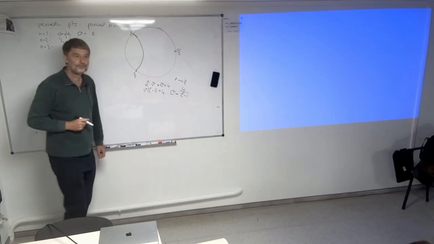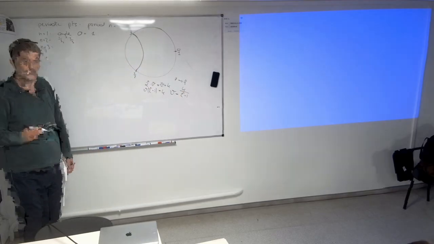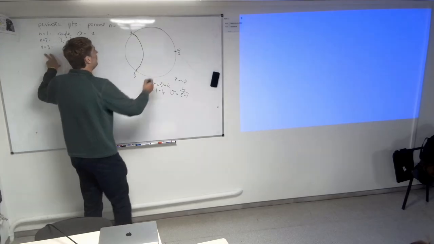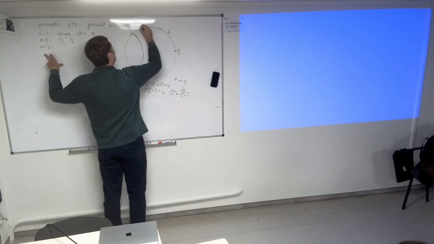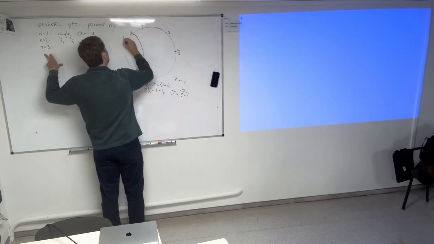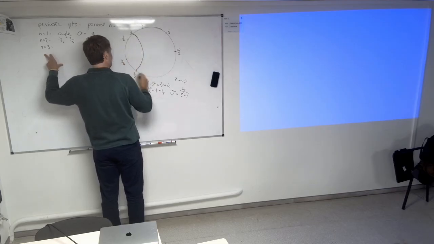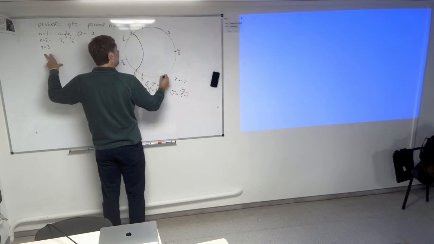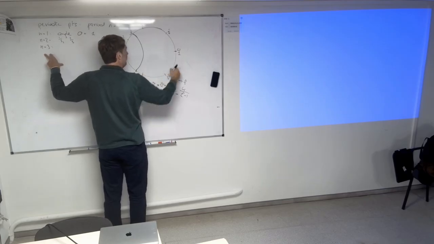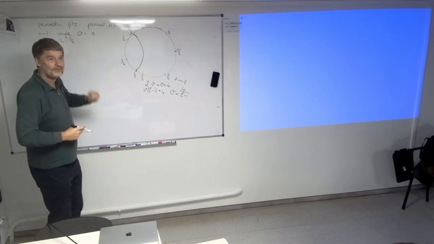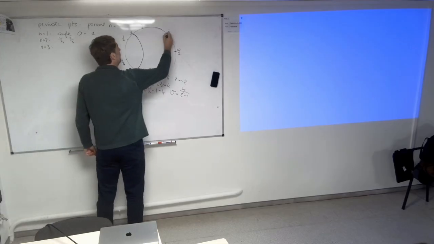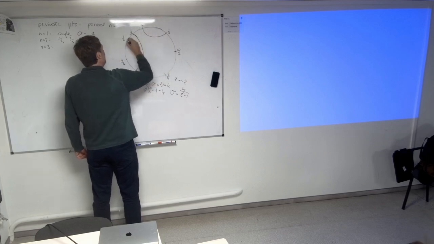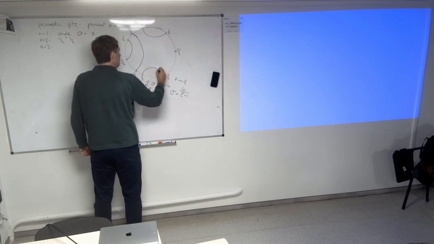Okay? And now we can generalize period 3 to period n. But for period 3, we have 1/7, 2/7, 3/7, 4/7, 5/7, 6/7, and then 0 is period 1.